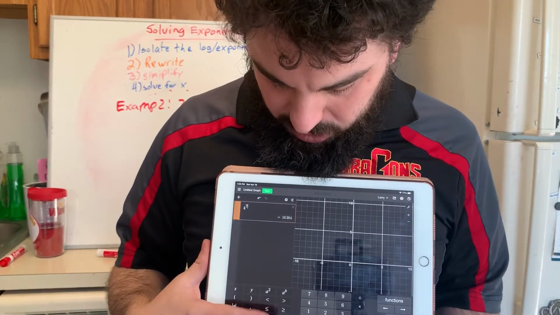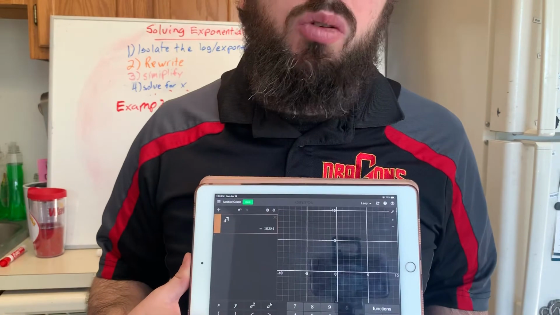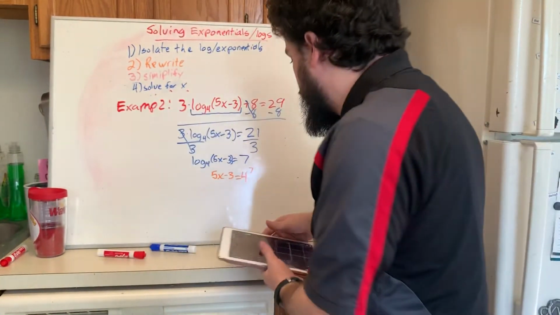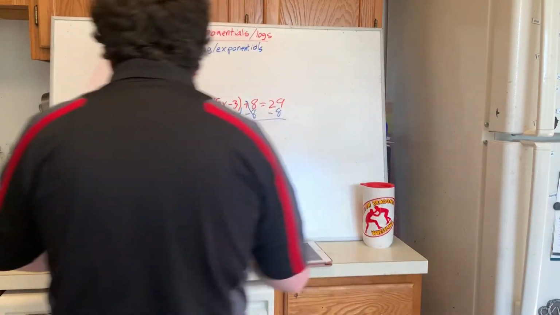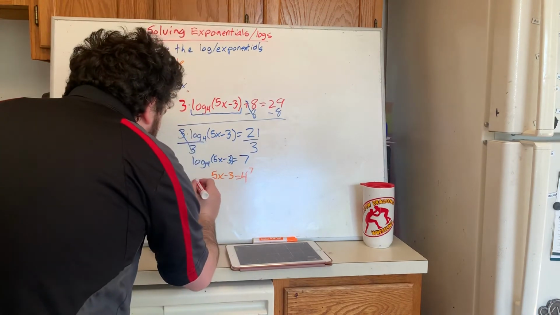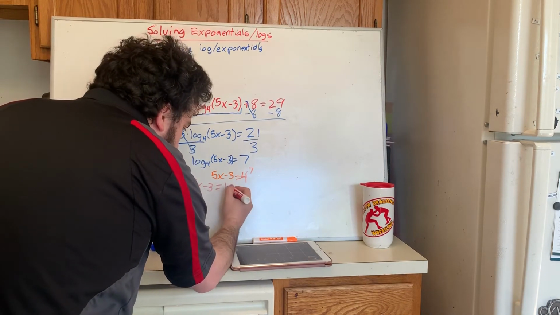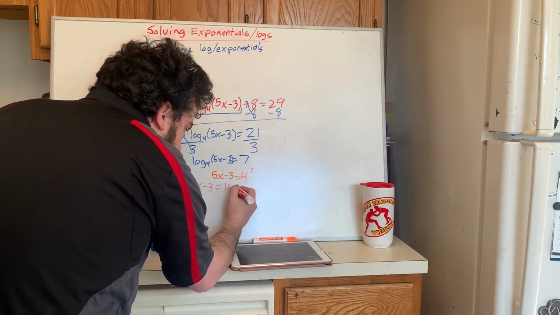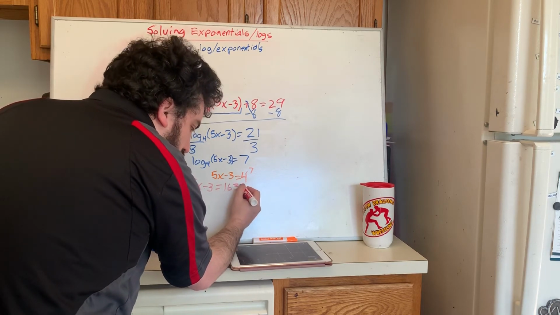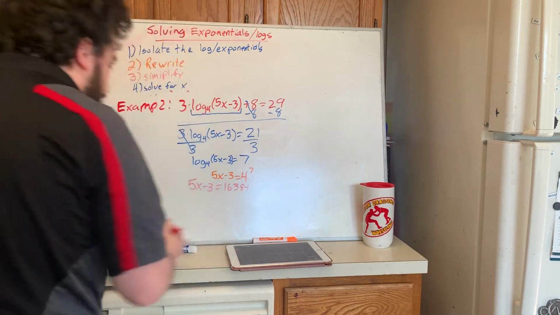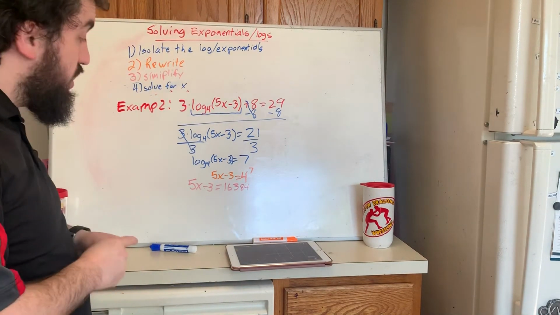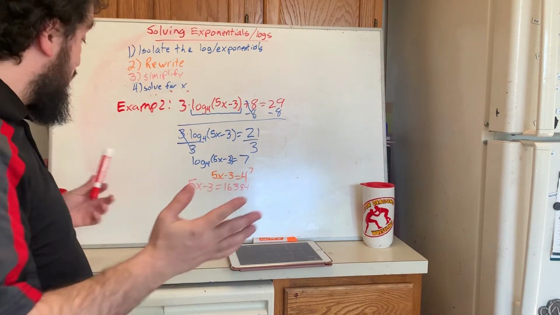And I get that is 16,384. So we'll just write that down. To simplify this, this is now 5x minus 3 equals 16,384.